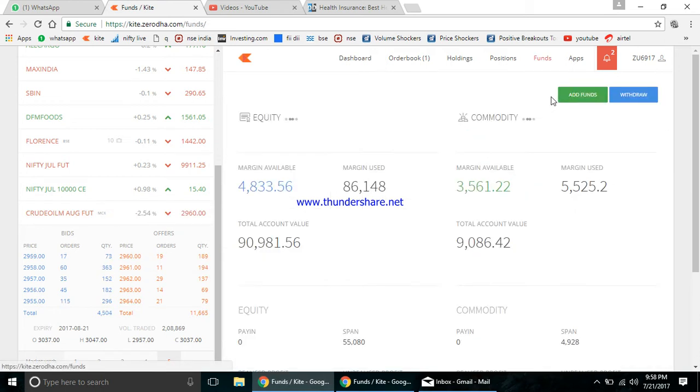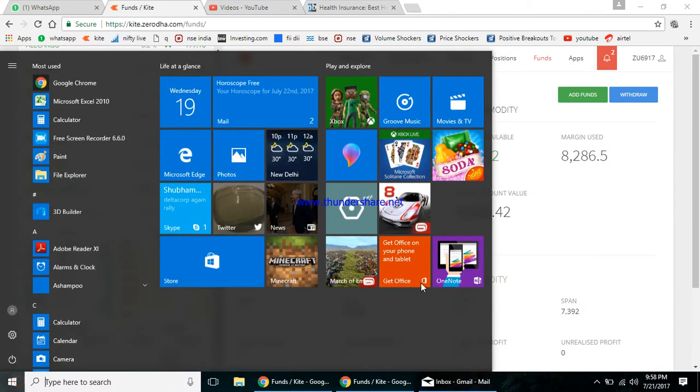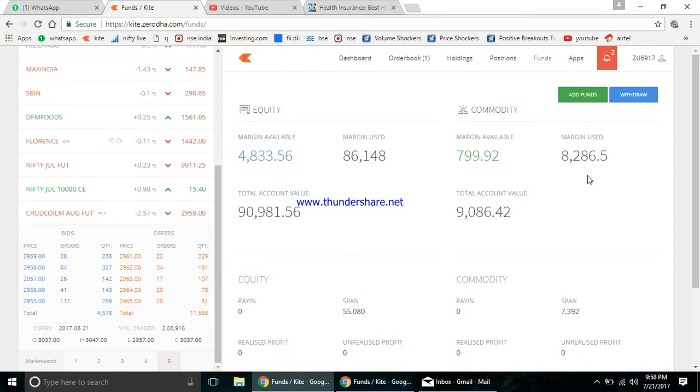Okay, I'll even show you that even for 2 lots I have only invested 8286, which is like 4100 rupees for one lot, approximately. So very little money is required to trade in crude oil. And the strategy which I use for crude oil is very safe because crude oil does not fall or rise in a huge number.